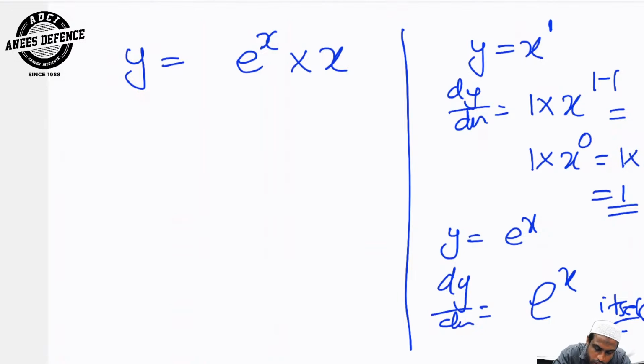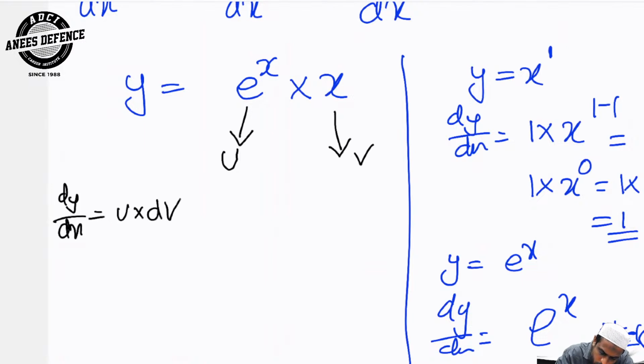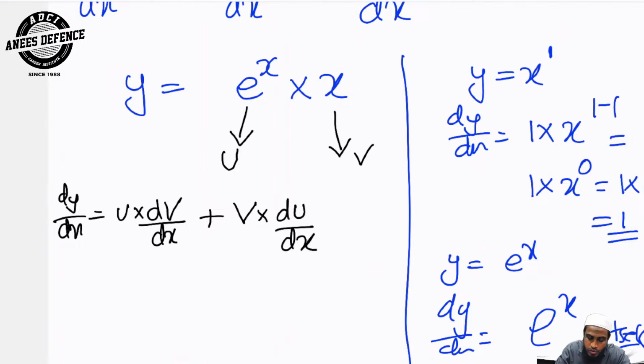Therefore, here you can consider this as u and this as v. What is our formula? dy by dx is equal to u into dv by dx plus v into du by dx. What is u? e raised to x. What is dv by dx? The derivative of x, which is 1. So e raised to x into 1, plus what is v? x.